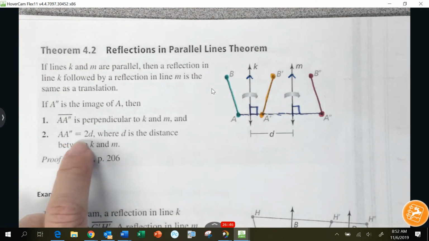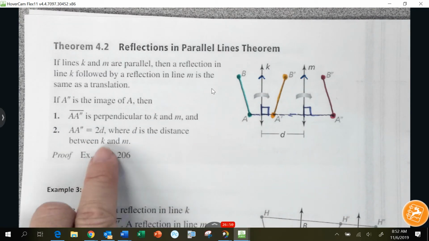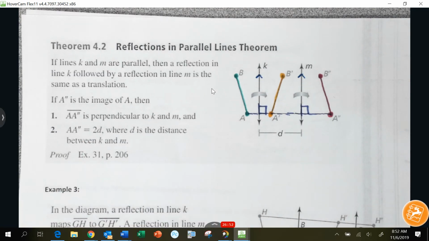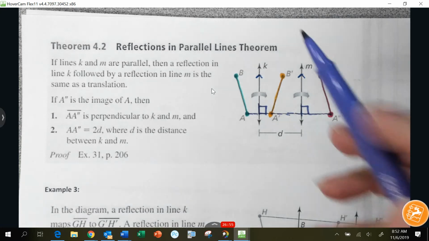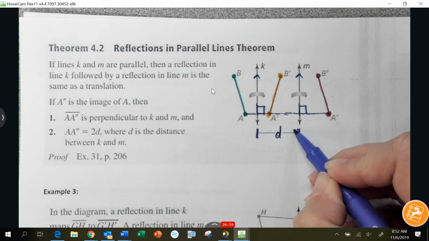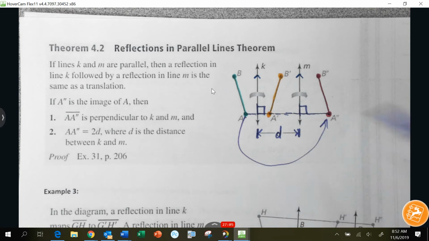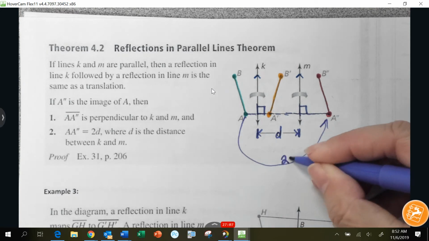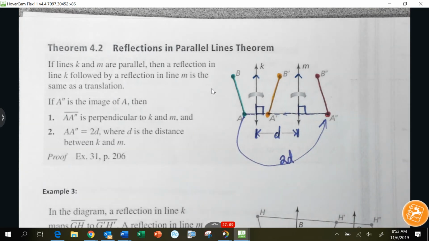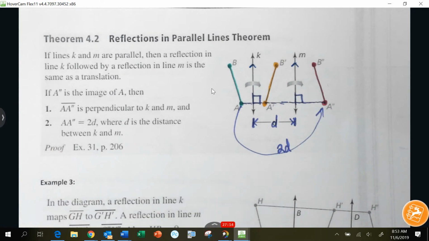So AA double prime equals 2D, where D is the distance between K and M. So between K and M, see how we have D? D is the distance between K and M. Then the distance from A all the way to A double prime is 2 times D, so twice D. So that is a theorem.